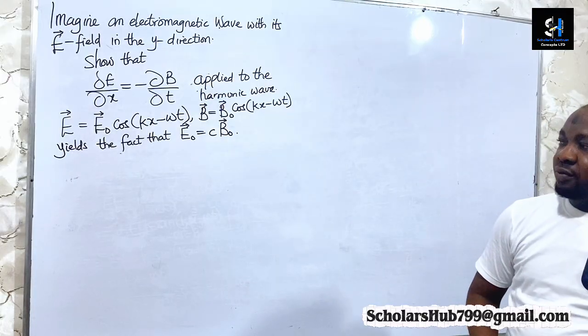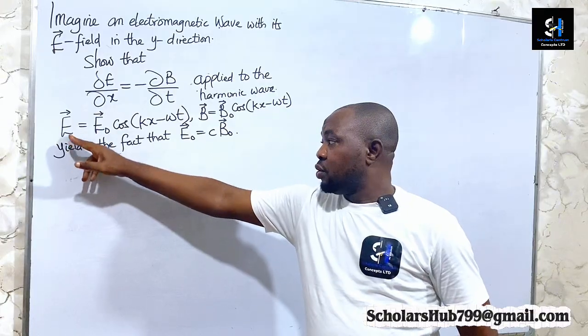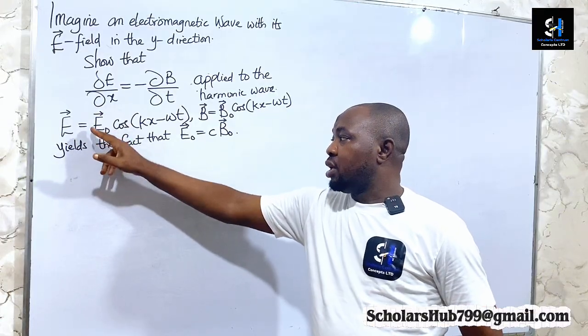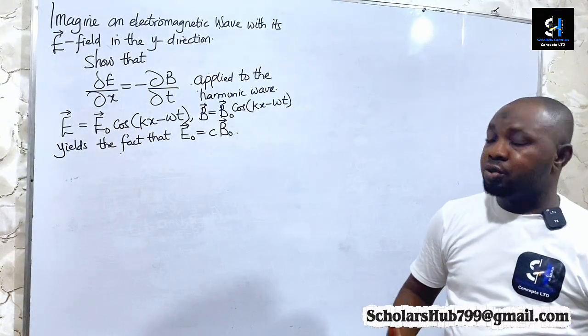to the harmonic wave. So we are given the electric field function, which is the amplitude field strength E naught cos(kx - wt).